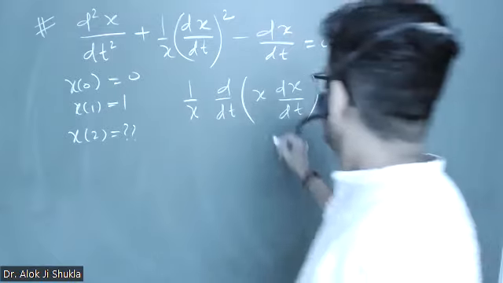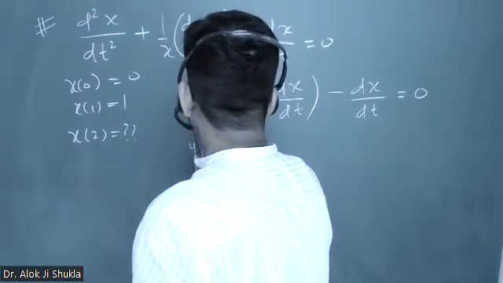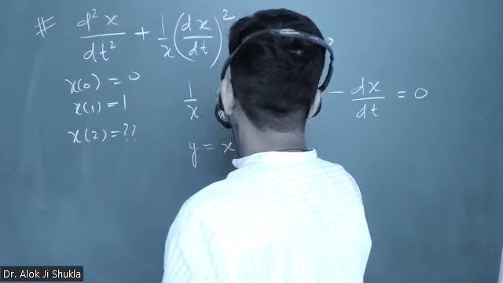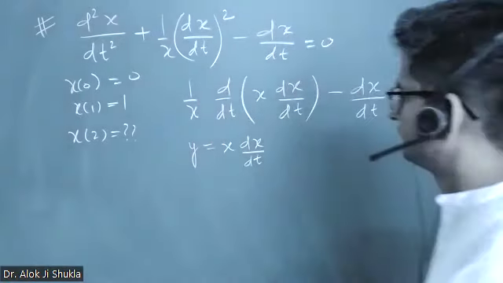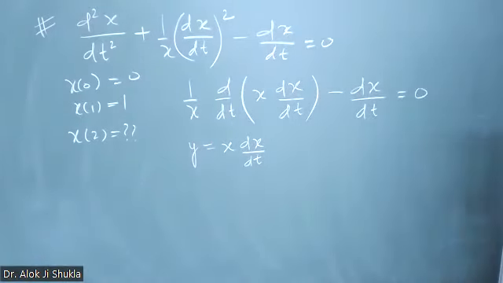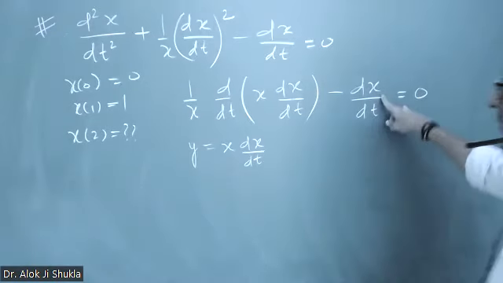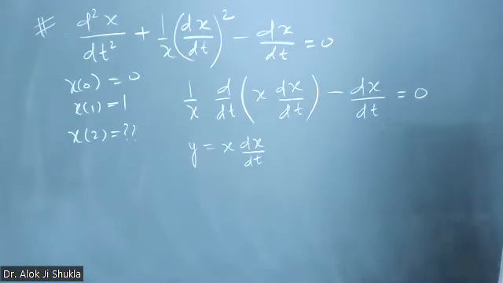Now we can just put y is equal to dx by dt. This one. So that the equation, but here we have to put dx by dt also. So this will become what? Put karna zara.